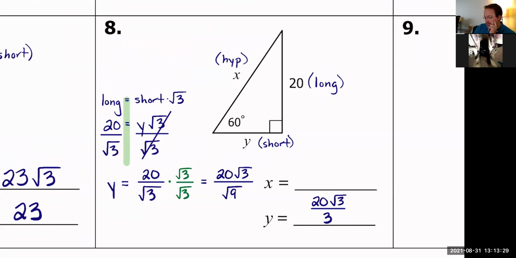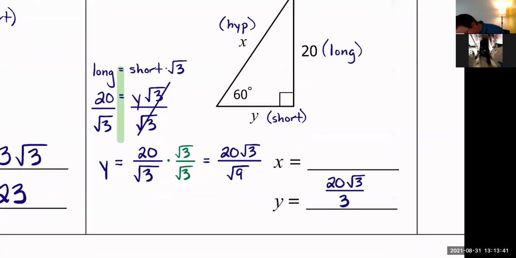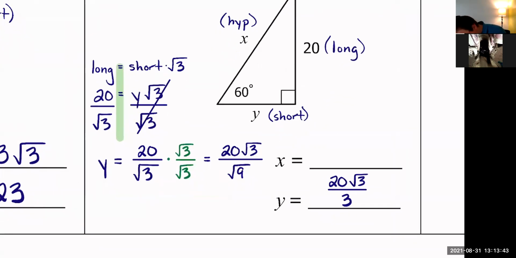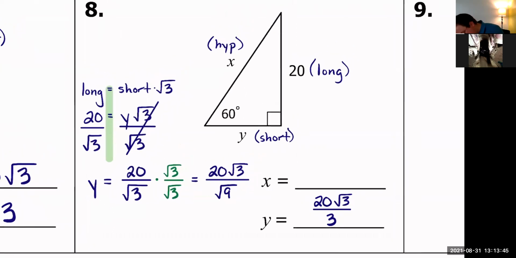How do you go from the short leg to the hypotenuse? 2 times the short. Yep. So off in a different color down here, 2 times the short. I'm going to squeeze it right up here. So 20 square root of 3 over 3 times 2 is the same as 2 over 1. Is the denominator going to change? It should not, but the numerator will.